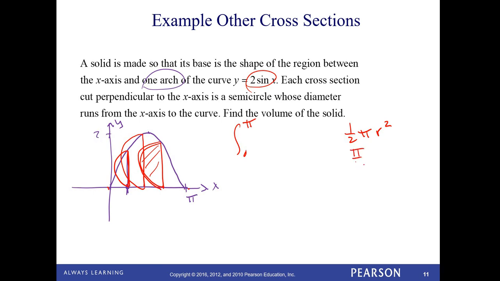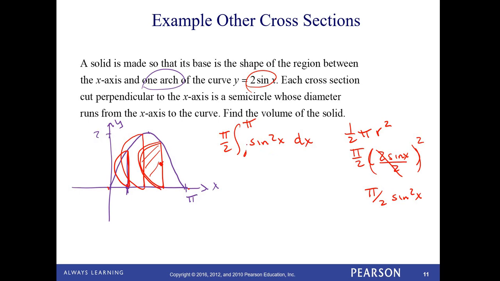So I have pi over 2 times 2 sine x squared. Oops, I knew that I missed something there. My radius is not 2 sine x, my radius is 1/2 of 2 sine x, which is sine x. So that looks better. So I have pi over 2 sine squared x. I'm going to put my pi over 2 outside, and I'm going to put my sine squared x dx inside.